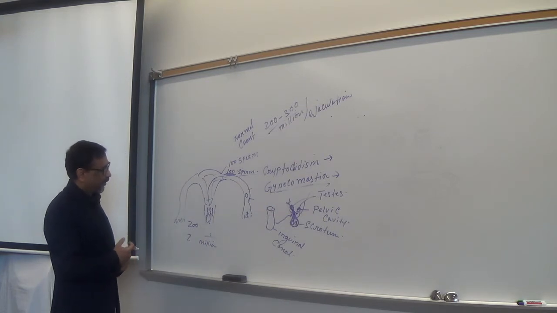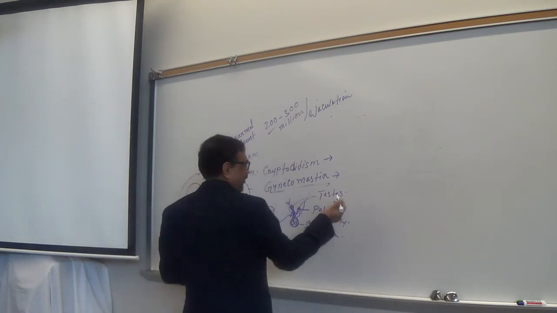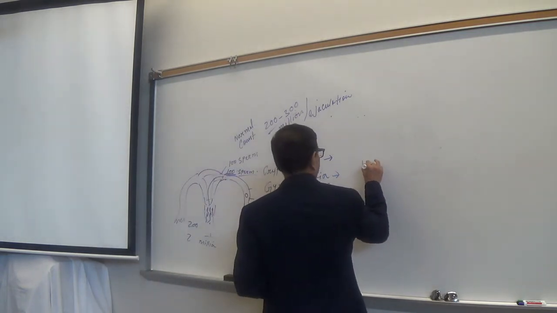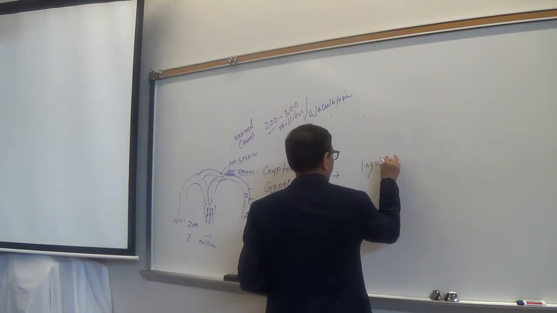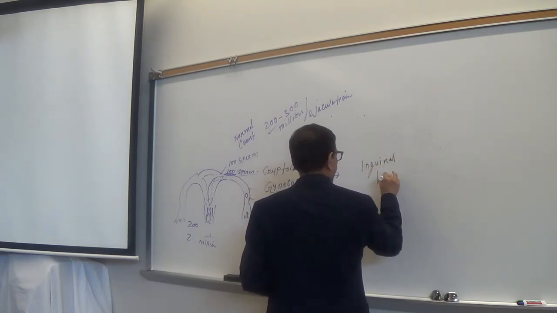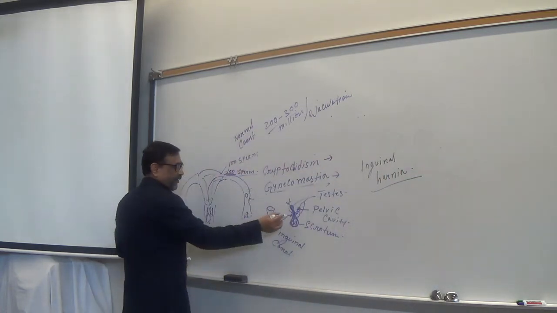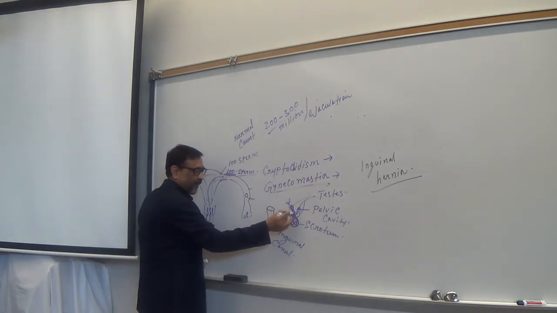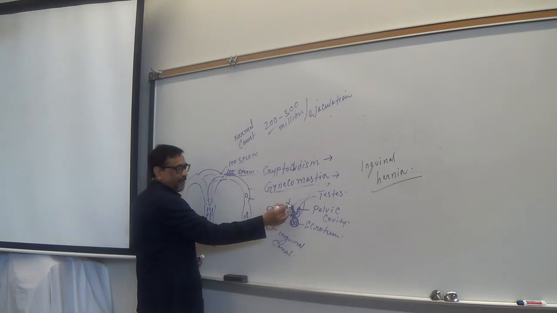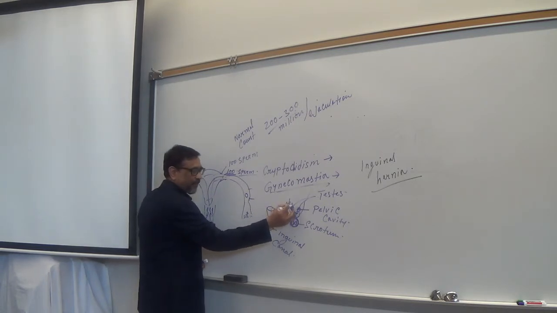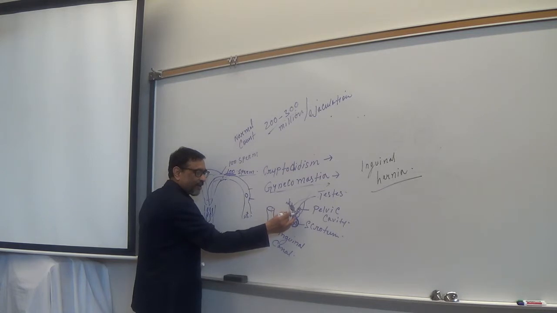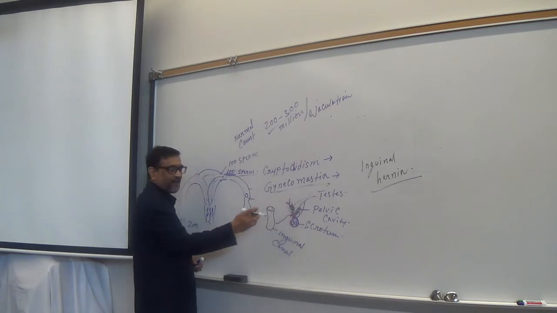Let's see any other clinical condition. Another clinical condition is called inguinal hernia. Again, this is the inguinal canal here. You have the inguinal canal, and if the intestine, the small intestine, large intestine, small intestine is here. If a part of the small intestine enters into the inguinal canal, that is called hernia.